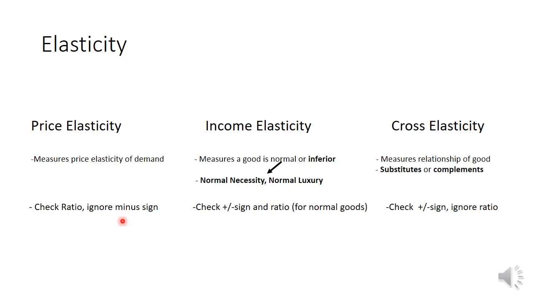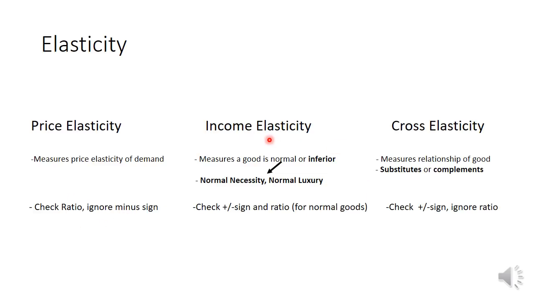Alright, because all the answers will come with a minus sign because the law of demand is price goes up, quantity demanded comes down. So it's always moving in opposite directions. Okay, so we ignore the minus sign. So you ignore the minus sign when you're using the table as well. Okay, so we look at the ratio. Alright, if it's more than 1, it's elastic. Less than 1, inelastic. Okay, ignore the minus sign.